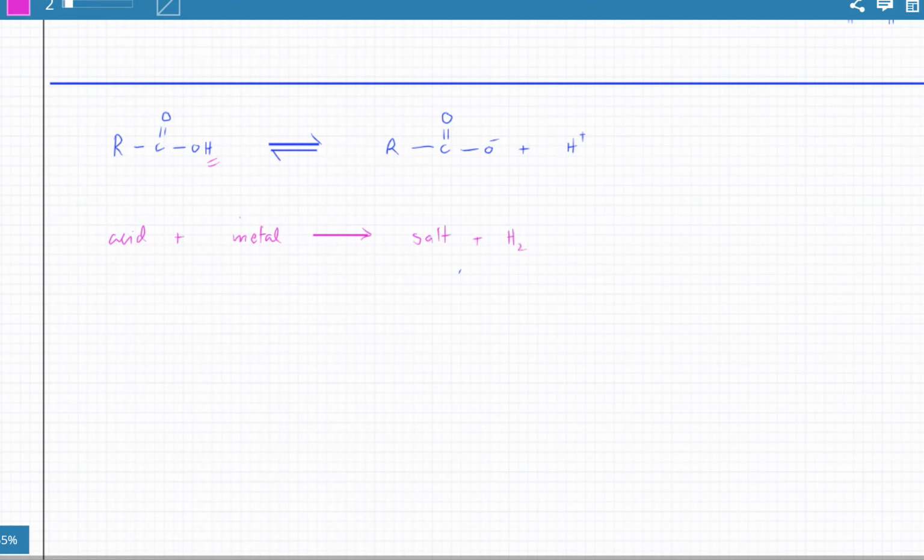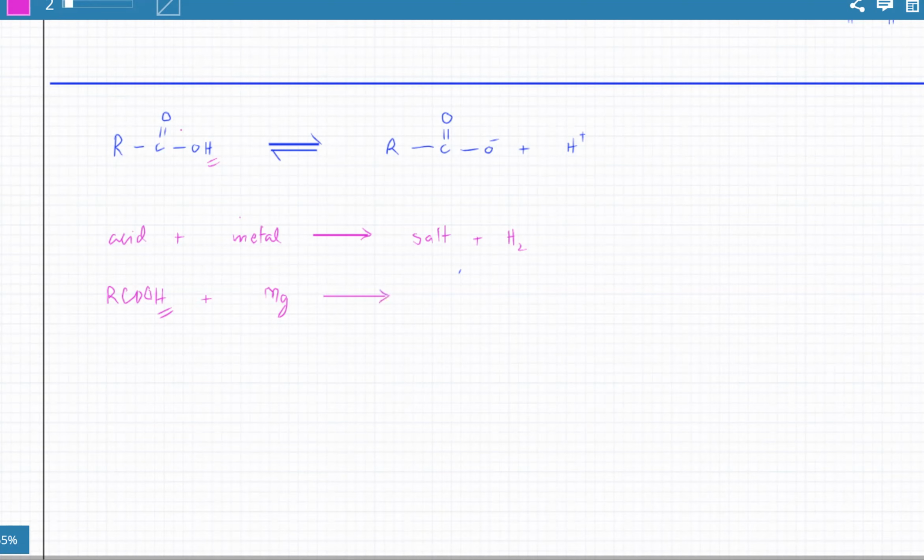So I've got a carboxylic acid. I'm going to write the condensed version of the formula. If I reacted it with, let's say, Mg, remember how a salt is produced. The H in the acid is lost and it gets replaced by Mg.